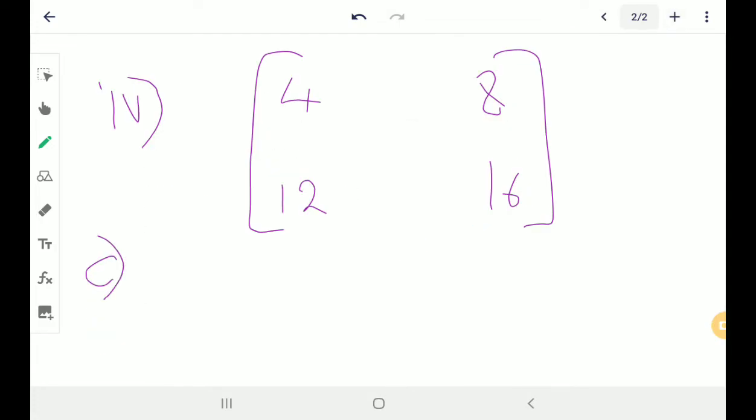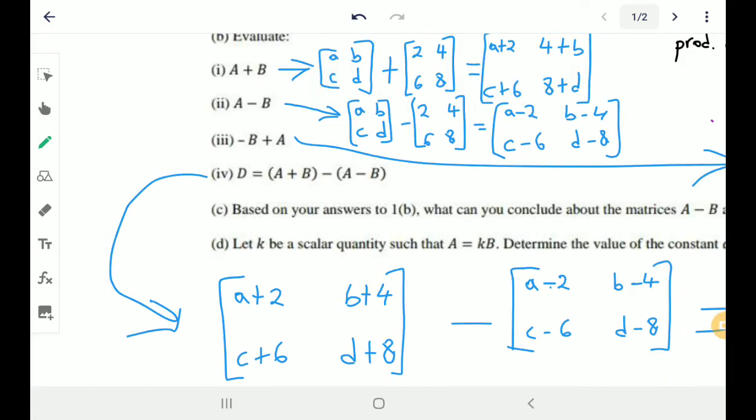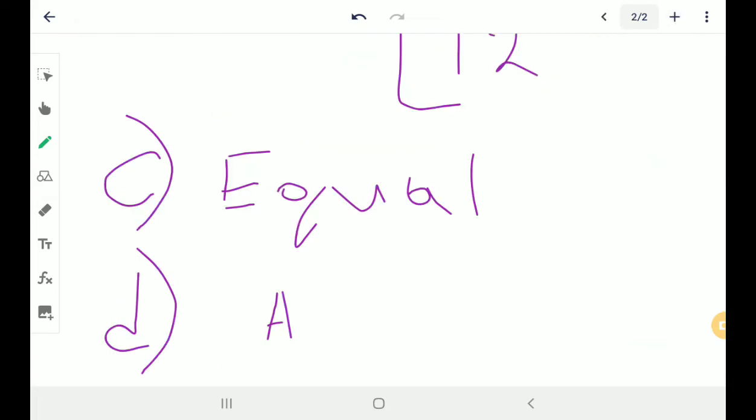Alright, we didn't write the answer. They are equal. And then question D now, they told us that A is equal to KB.